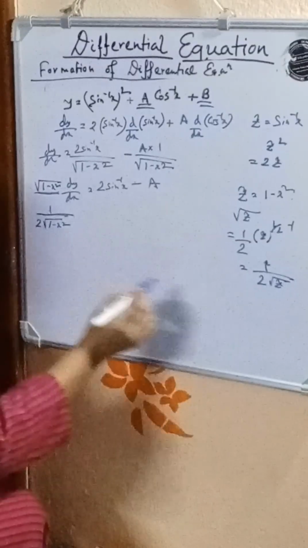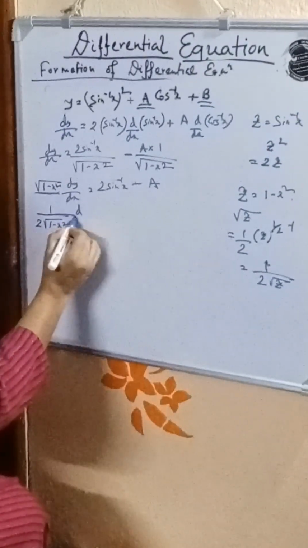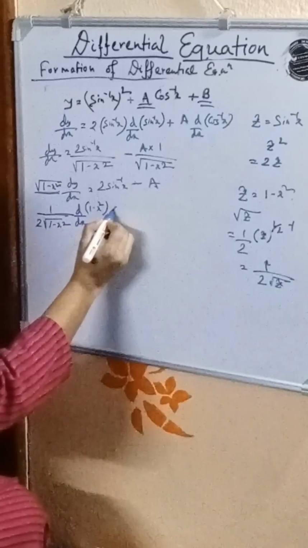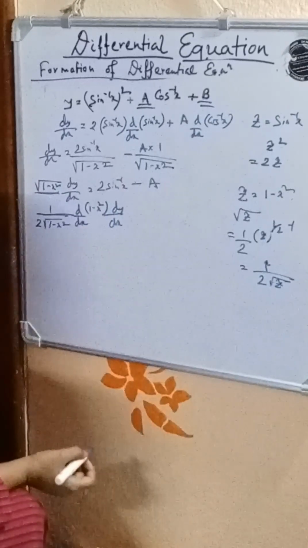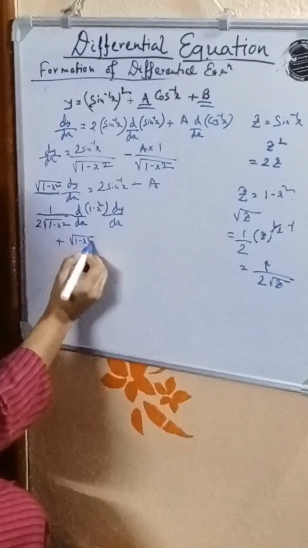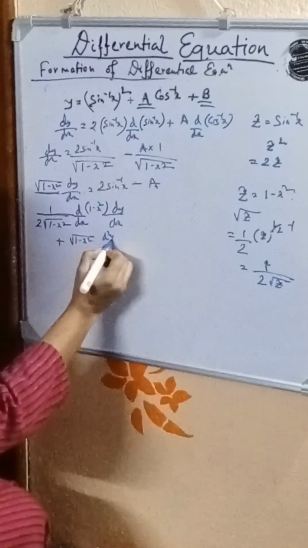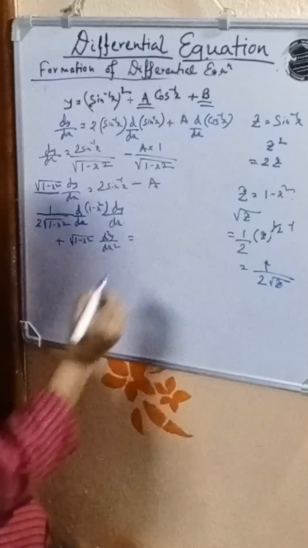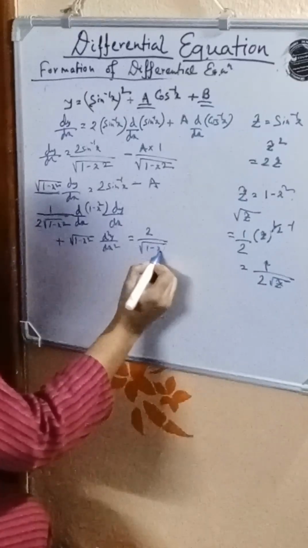So the derivative of root over 1 minus x square is 1 by 2 root over 1 minus x square times the derivative of 1 minus x square, into dy/dx, plus root over 1 minus x square times the derivative of dy/dx, which is d2y/dx2, equals the derivative of 2 sin inverse x, which is 2 by root over 1 minus x square.